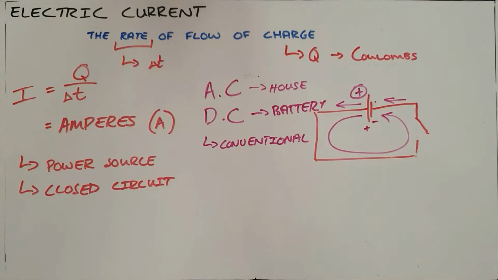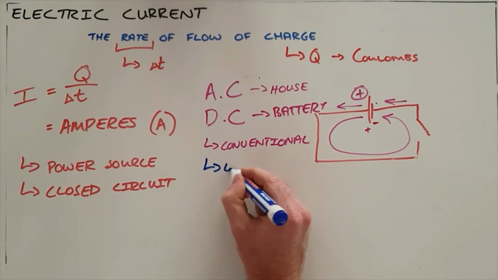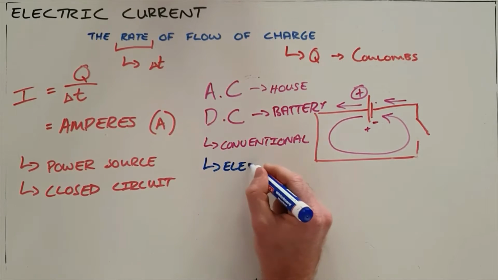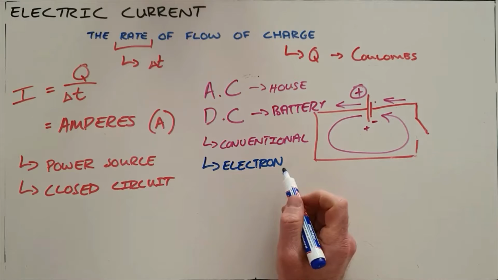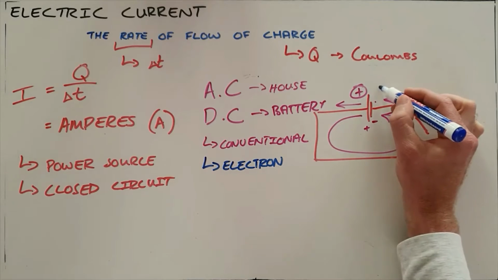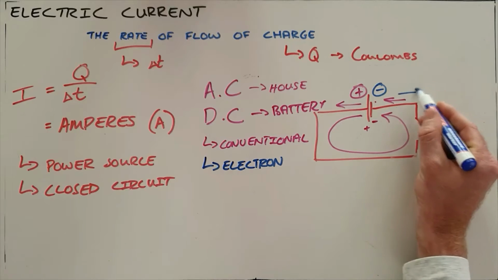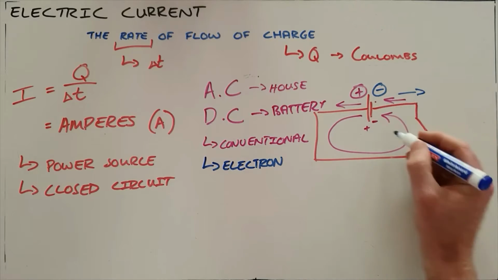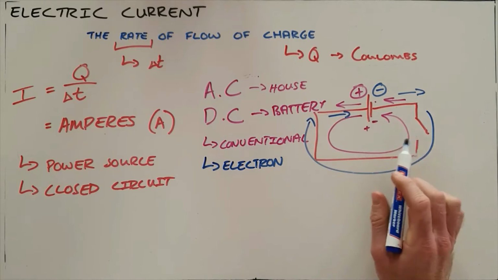We know that in reality, though, it is not positive charge that moves in a circuit. It is electrons that move through the circuit. We call that electron current, and it is the flow of electrons or negative charge, which would obviously flow from the negative terminal of the battery around the circuit towards the positive terminal of the battery.